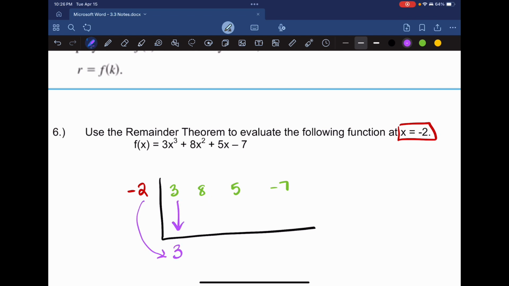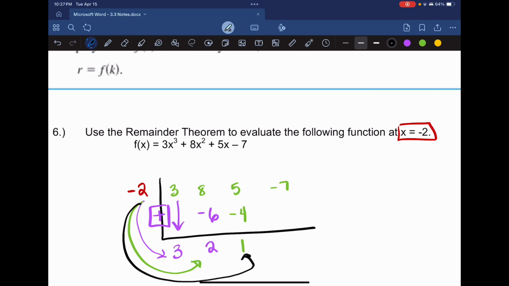Then I multiply: negative 2 times 3 gives me negative 6. Then I add, so I get a 2. I repeat this process. Negative 2 times 2 gives me a negative 4. I add them, so I get a 1. Negative 2 times 1 gives me a negative 2. Add them up, so I get a negative 9.